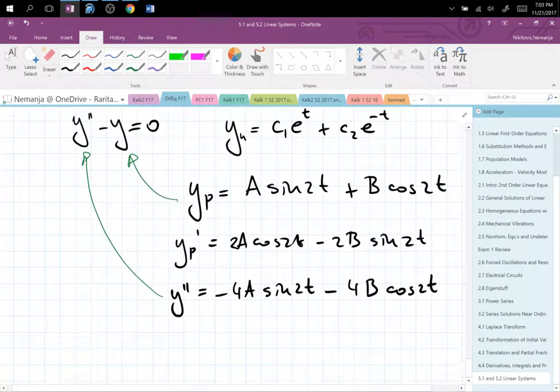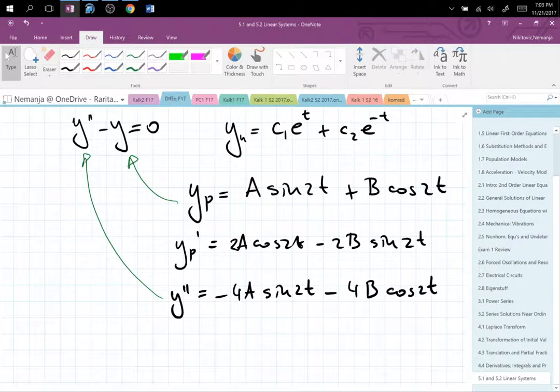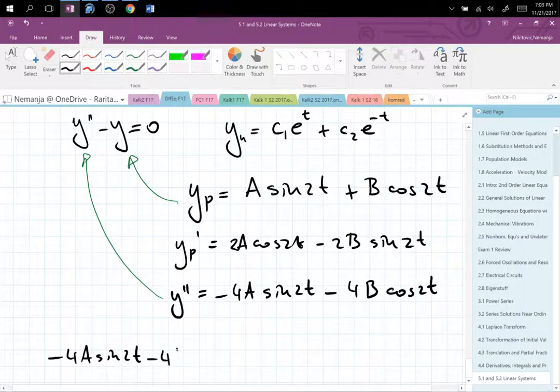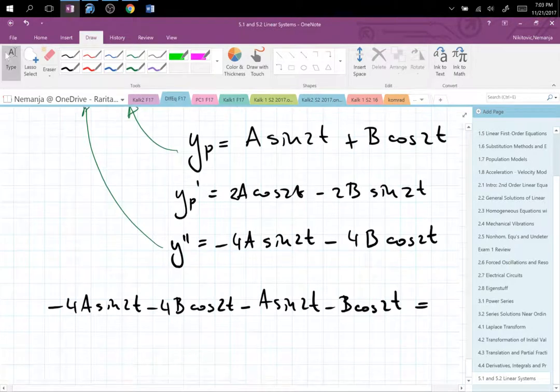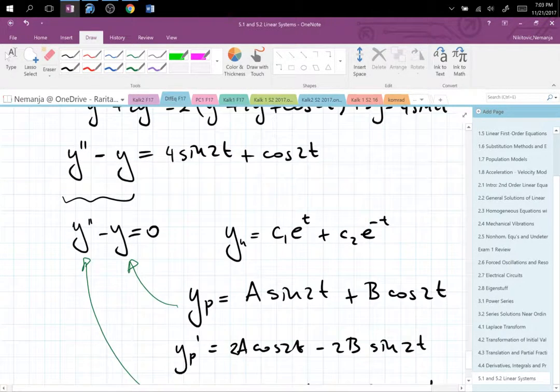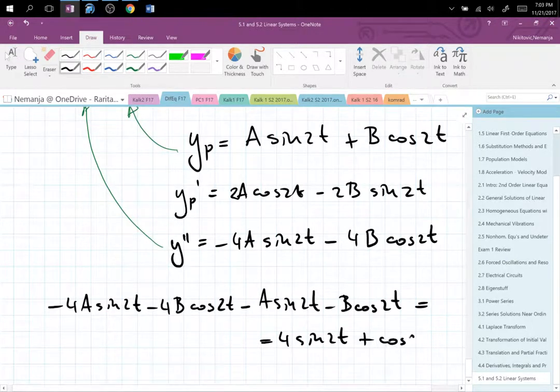So we have minus 4a sine 2t minus 4b cosine 2t minus a sine 2t minus b cosine 2t, when you distribute the minus, is equal to 4 sine 2t plus cosine 2t.